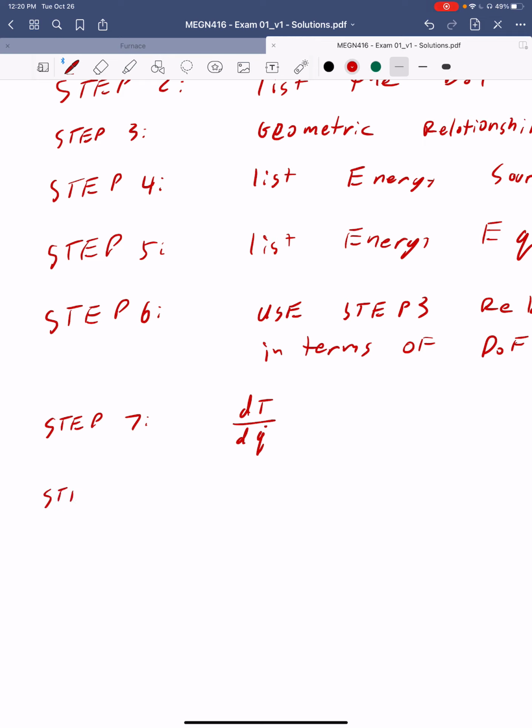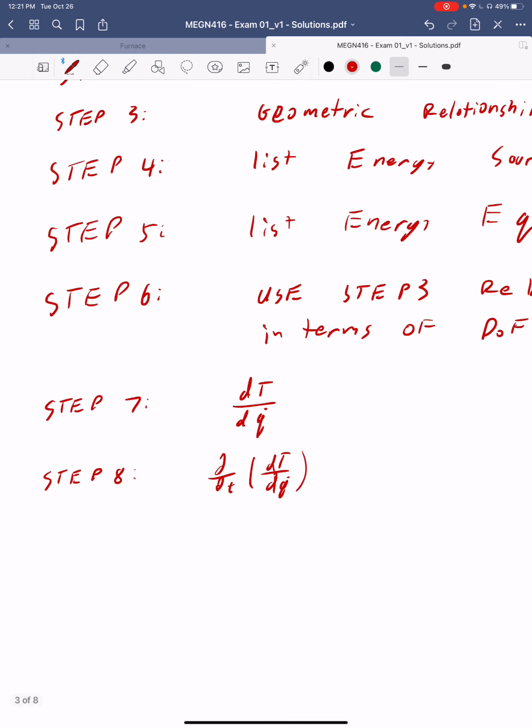Okay. Step 8 is we are going to take that earlier result, and this is supposed to be a partial, d/dt of dT/dq dot. We're going to take any of these results and apply the second derivative to.